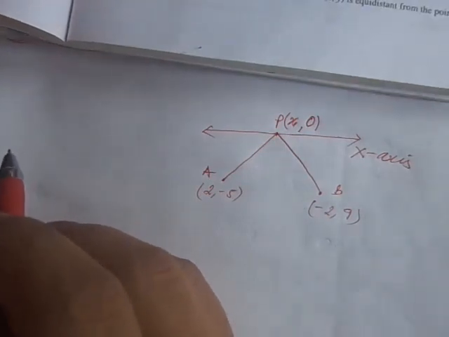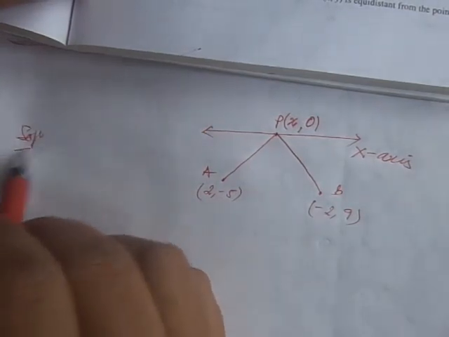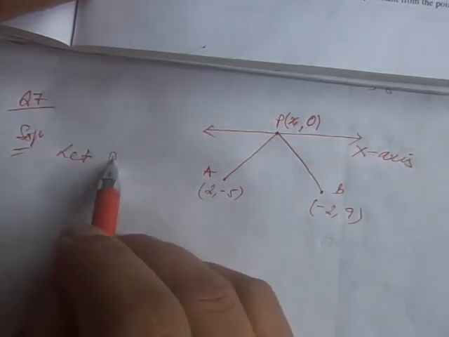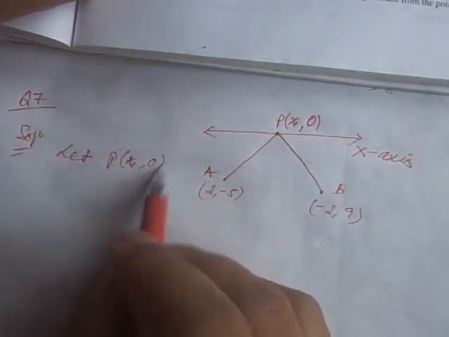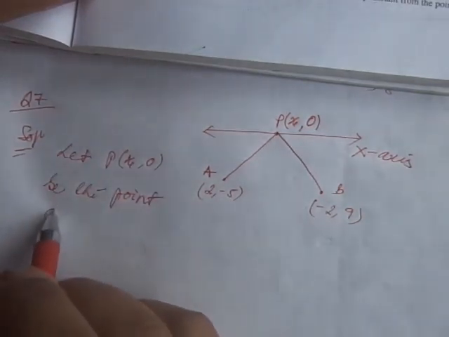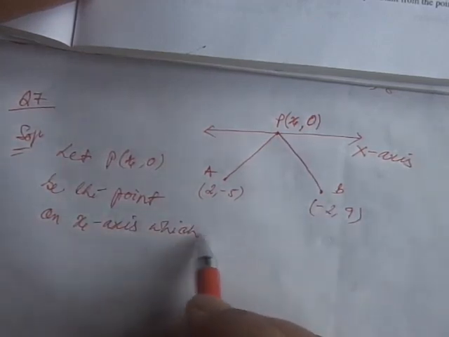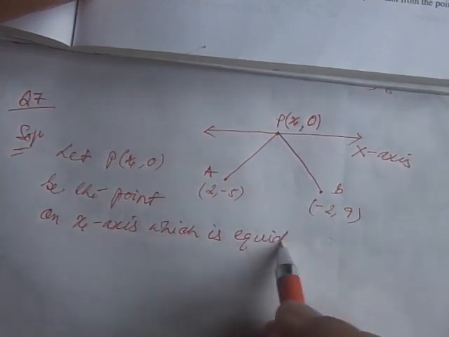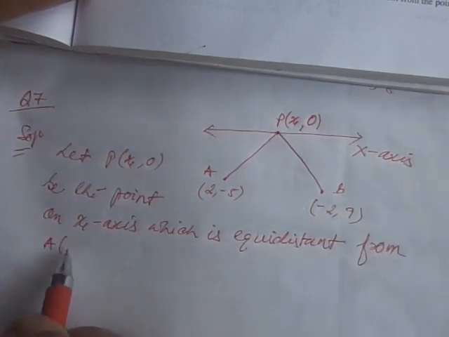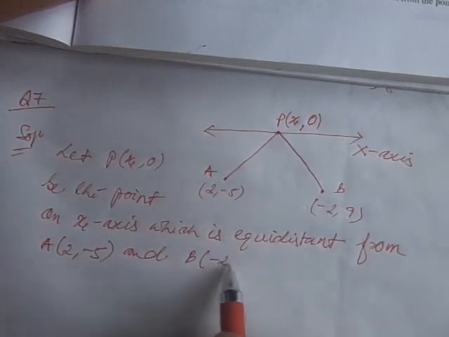So first, let P (x, 0) be the point on the x-axis which is equidistant from A (2, minus 5) and B (minus 2, 9).